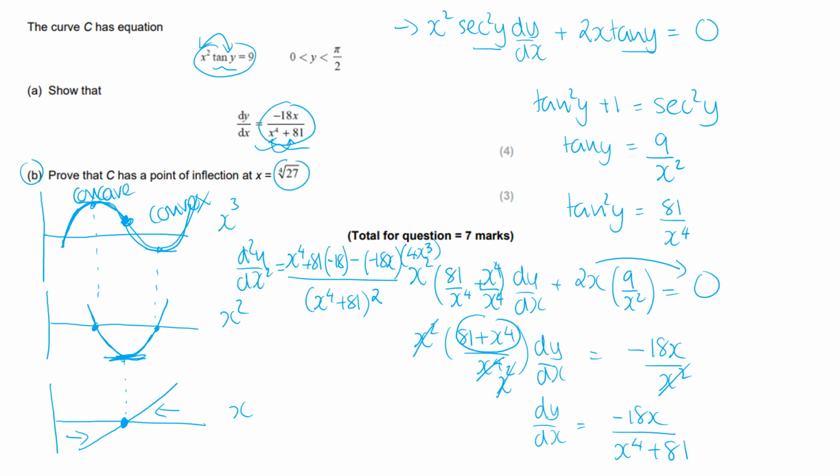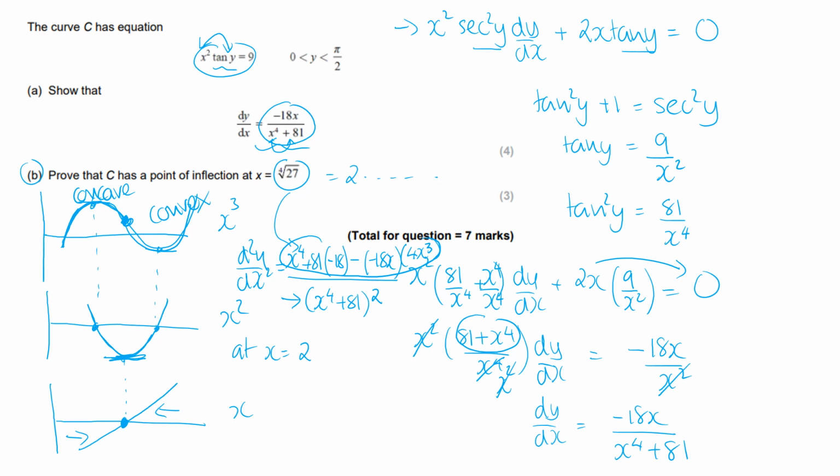Now when you put the 4th root of 27 into that numerator, you're going to get 0, and we're going to expect to have the second derivative equal to 0 at the point of inflection. Now when you do the 4th root of 27, it comes out to be 2 point something. So if we look at either side and find what the second derivative is at maybe 2 and 3, at x equals 2, if you put 2 into this numerator, you can see that the denominator is going to be positive, so all you need to do is put it into the numerator.